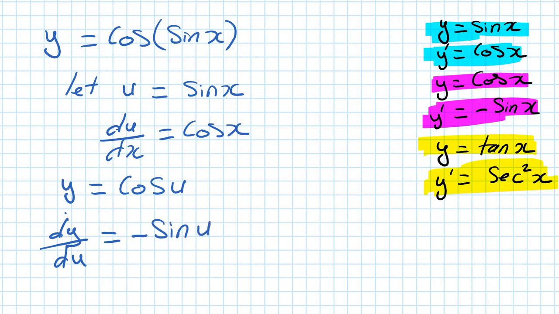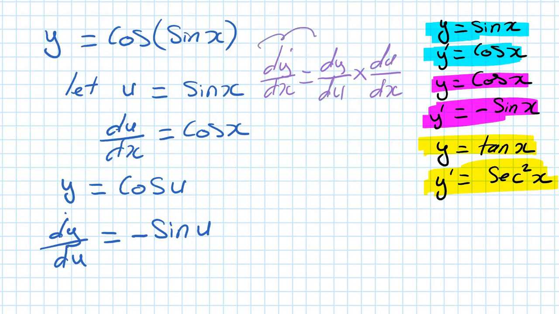Now the rule is this: the chain rule is dy dx equals dy du times du dx. So that's the rule.